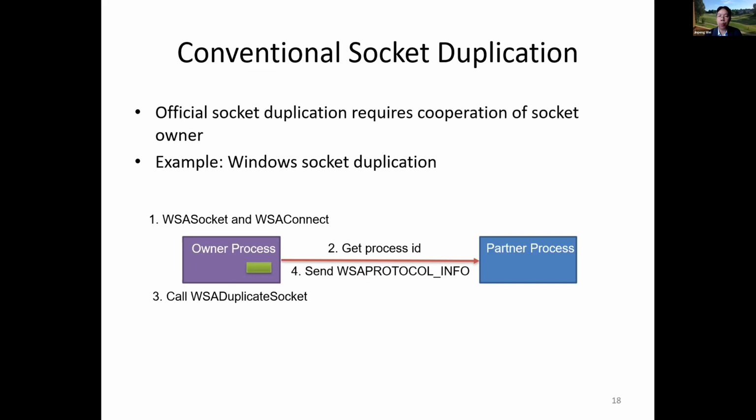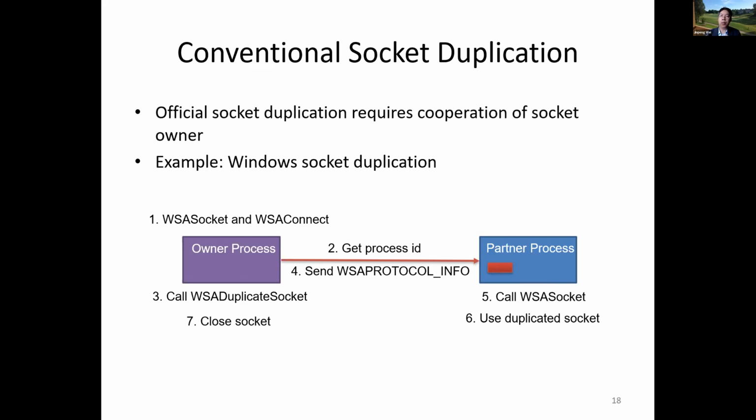After the partner process receives this data structure, it uses it to call WSASocket. Then it can reproduce a socket, which is the duplicate of the original socket, and use this duplicate socket to send, receive, and so on. In the meantime, the owner process can just close its own socket. This finishes the duplication of the socket from the owner process to the partner process.